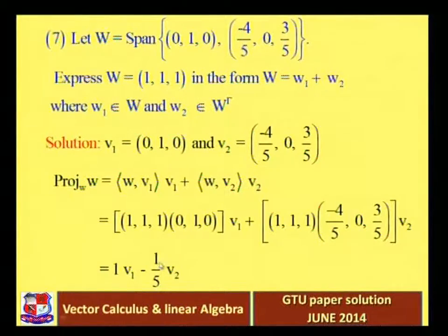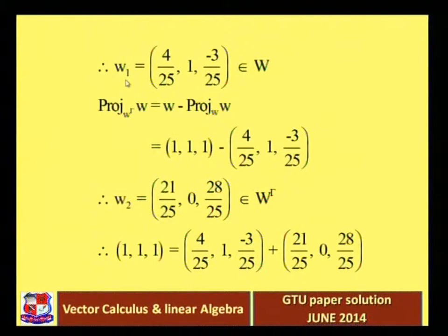So we get 1 into v1 minus 1/5 into v2. Now we have to find v1 minus v2/5, and that is w1.